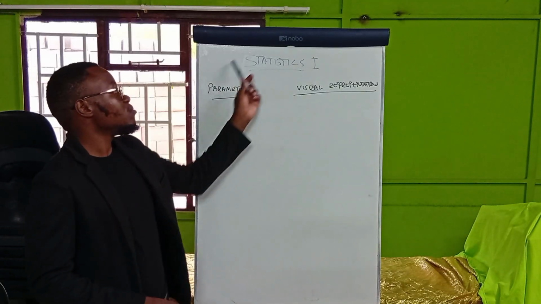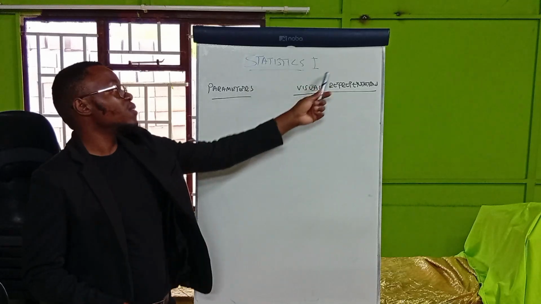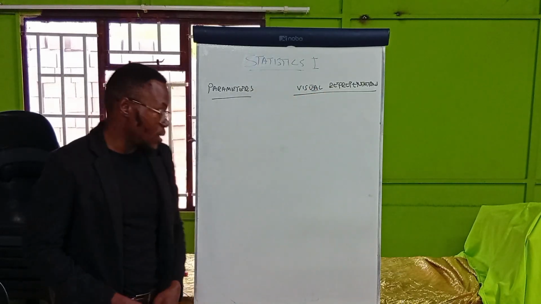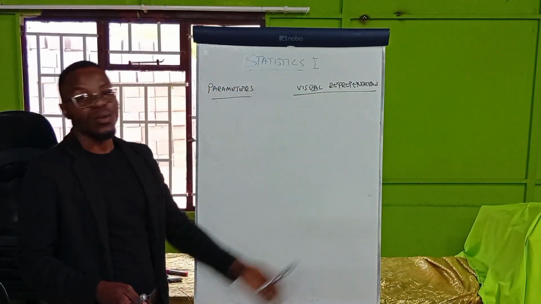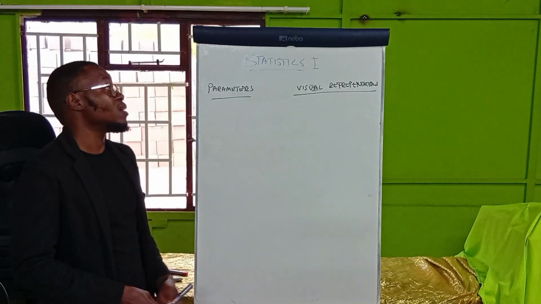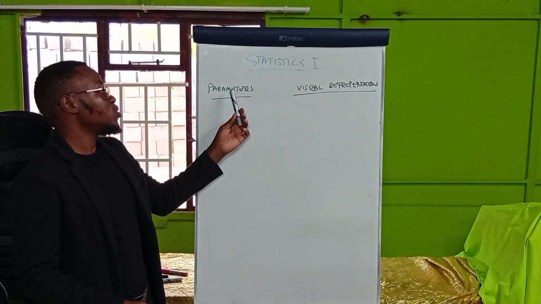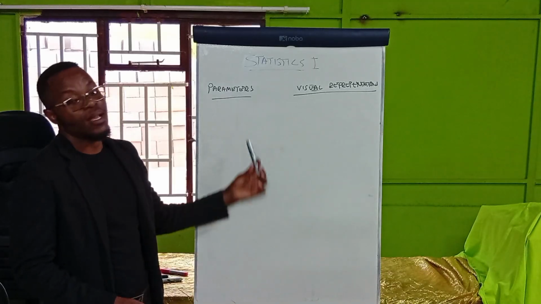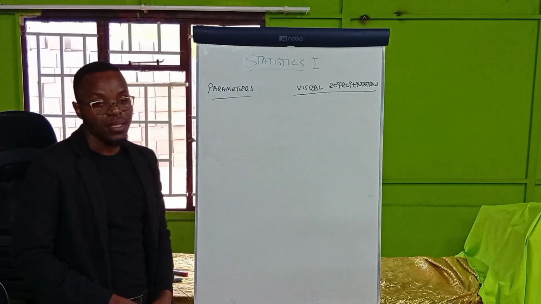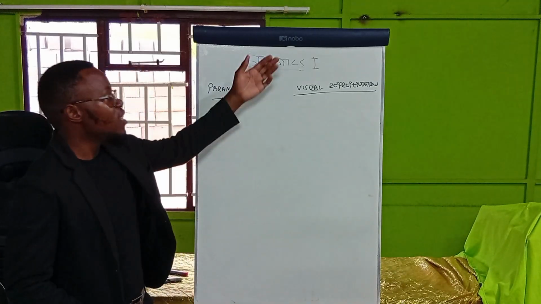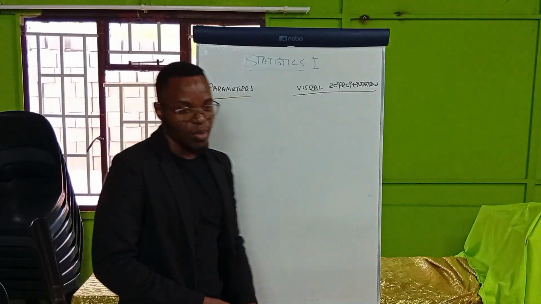So basically, statistics is also divided into two, but today we'll simply be looking at the core curriculum or the first part of statistics. Now, first of all, I want to list and explain defining the parameters that we use and the main visual representations that we will use.